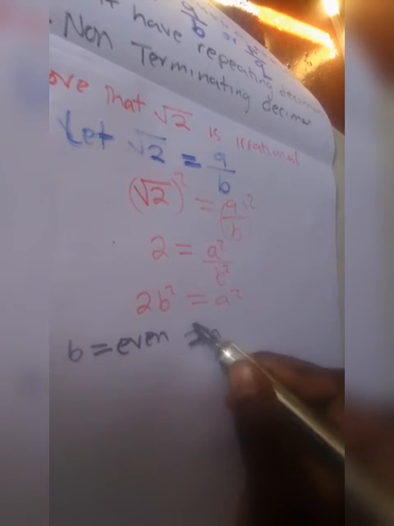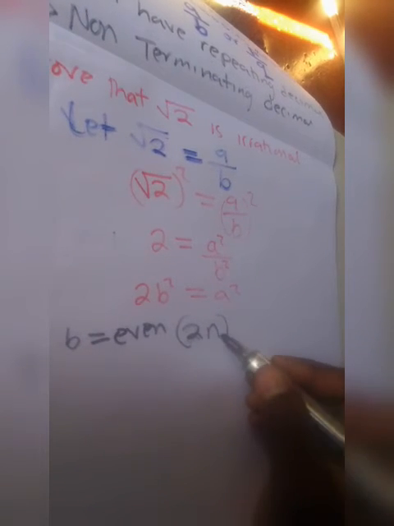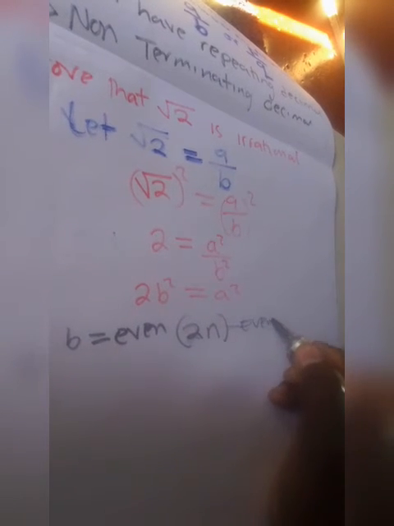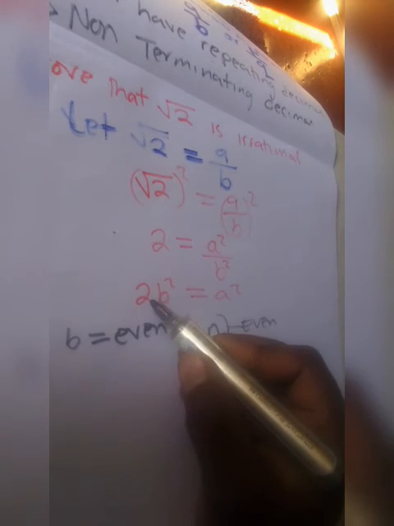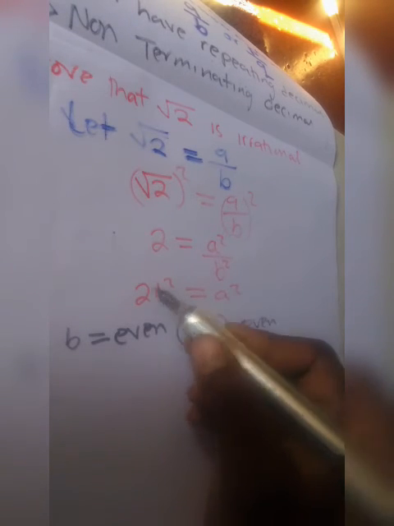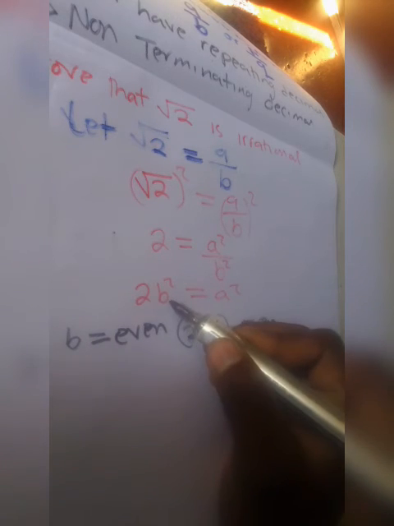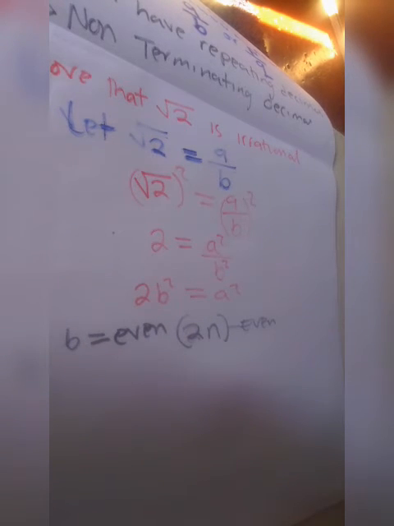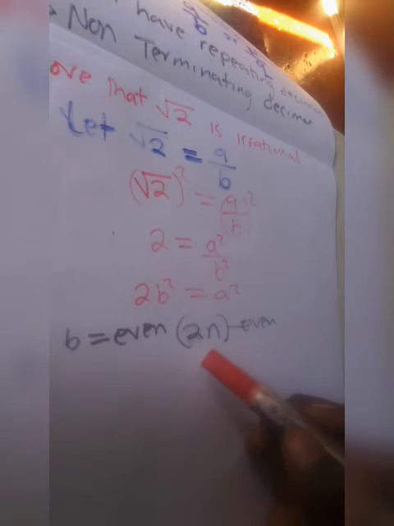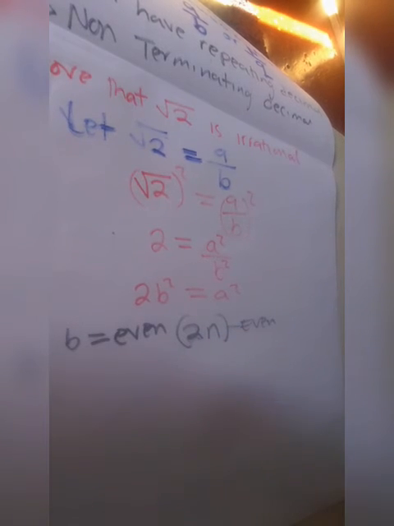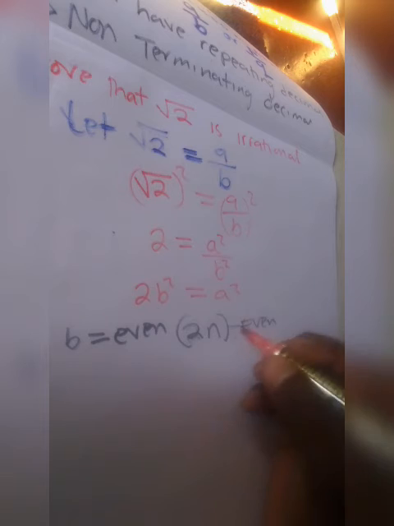Remember, I showed you something like this: 2n, meaning this is even. It's an even number because it has a 2 in front. It is a multiple of 2, this B. So B is even, which means we can replace where there is B with 2n, or 2r if you want.